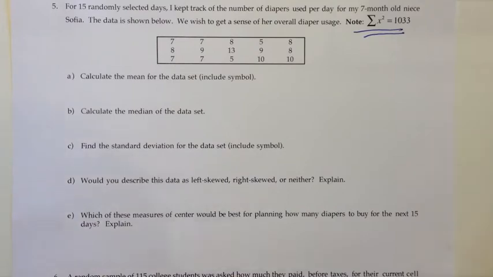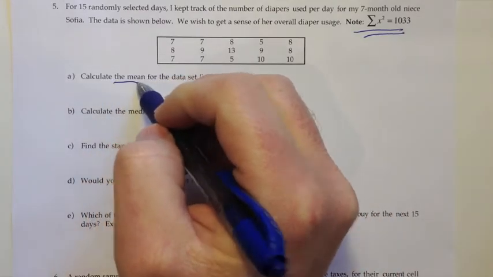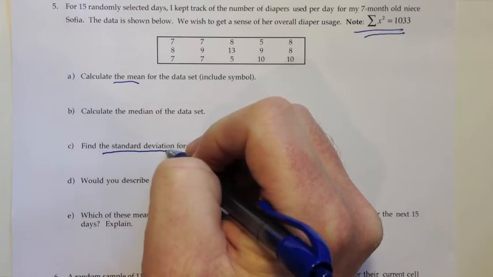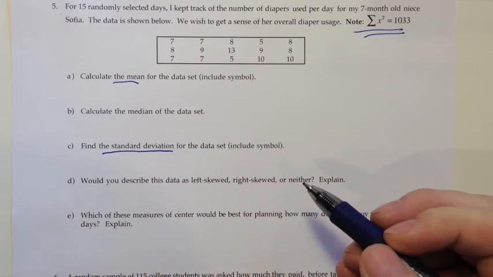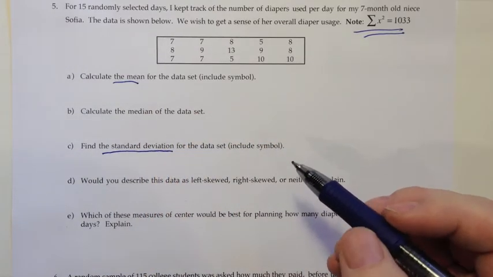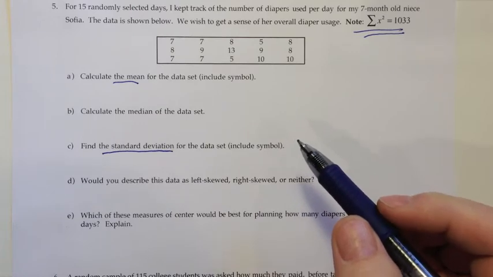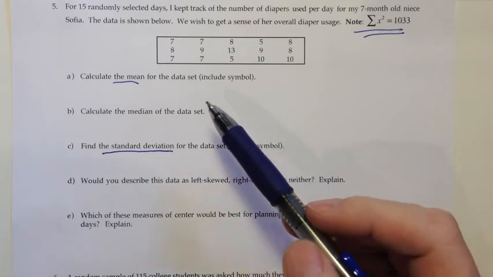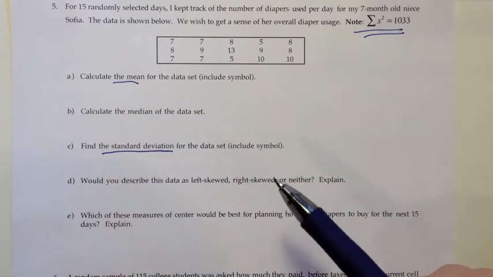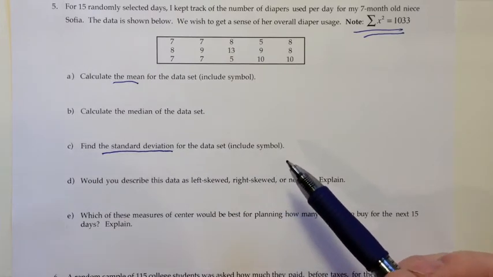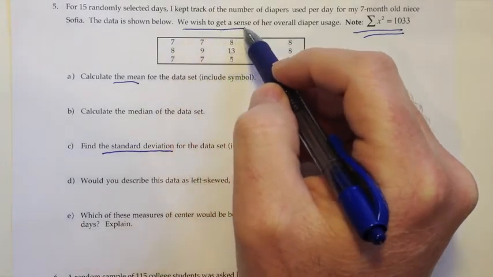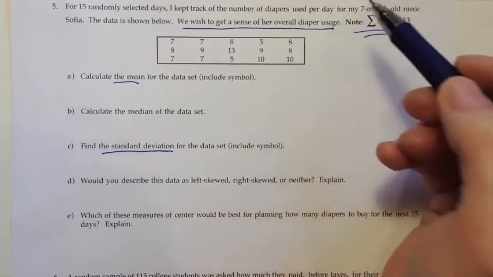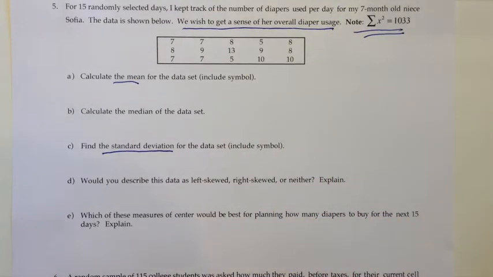When we do our mean and standard deviation, even though they say the mean and the standard deviation, there's really no such thing. There's sample means and there's population means. There's sample standard deviations and there's population standard deviations. And the mean and the standard deviation doesn't specify which kind it is. It says here that we wish to get a sense of her overall diaper usage. Well, unfortunately for her parents, she's going to be in diapers for more than just 15 days.